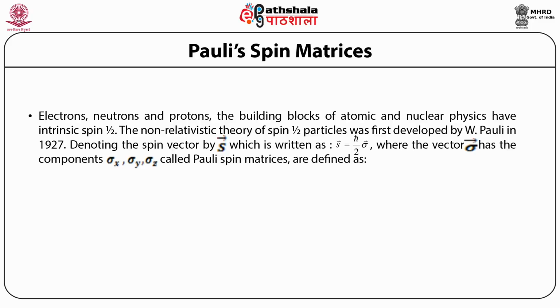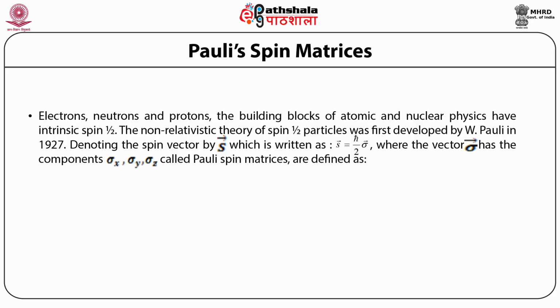So if we denote the spin vector by vector S, and if we write it as spin vector S equal to h cross by 2 times vector sigma, then the vector sigma has the components sigma x, sigma y, and sigma z, and are called Pauli's spin matrices.